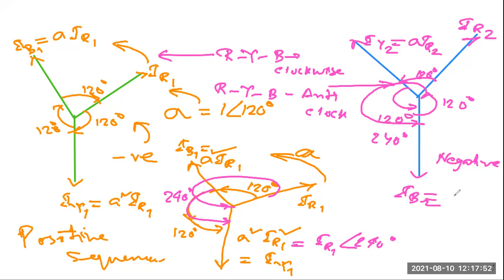So IB2 will be A square into IR2. Any doubt? Any doubt on anyone? Is it clear?